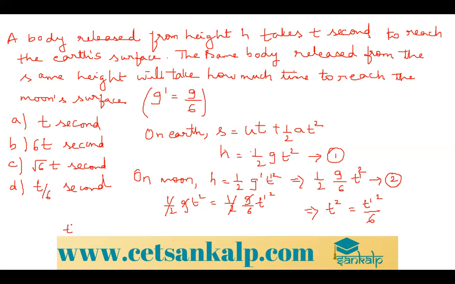So t dash square is equal to 6t square. I want to know t dash, so t dash is equal to root 6 t. That will be your final answer. Okay, I hope you are clear with this.